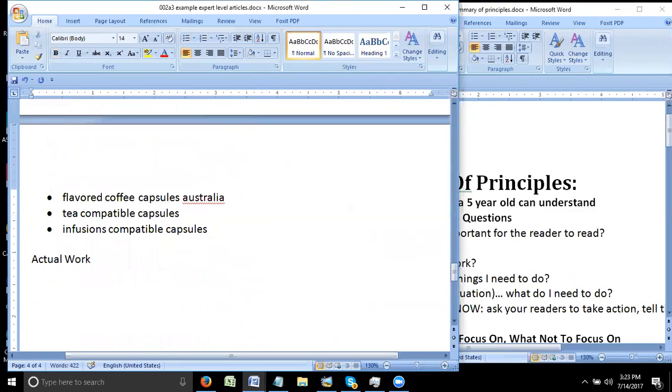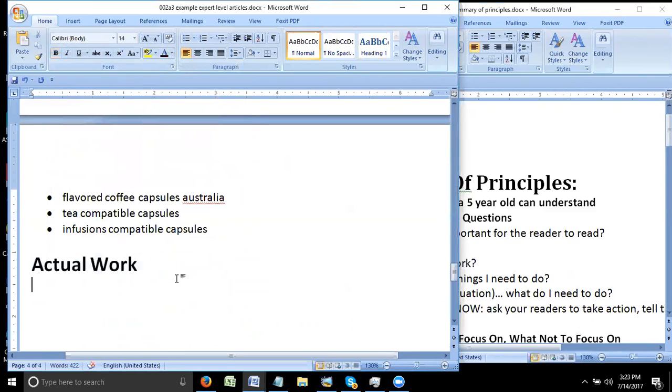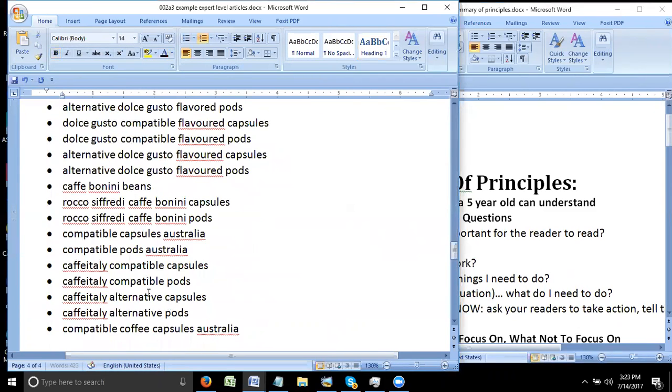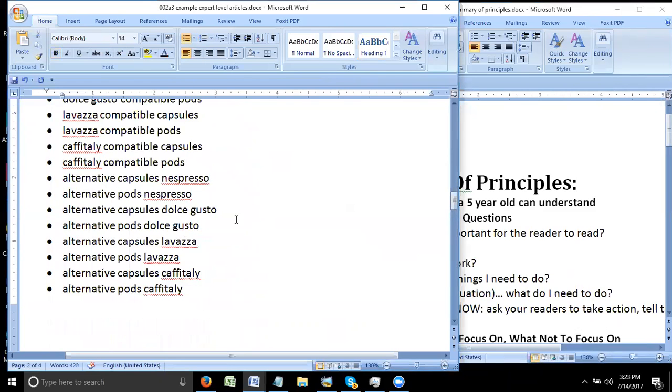So this is now the actual work. Now just skimming the keywords, I'm going to start at the top. Nespresso compatible capsules, pods, Dolce Gusto compatible capsules, pods.